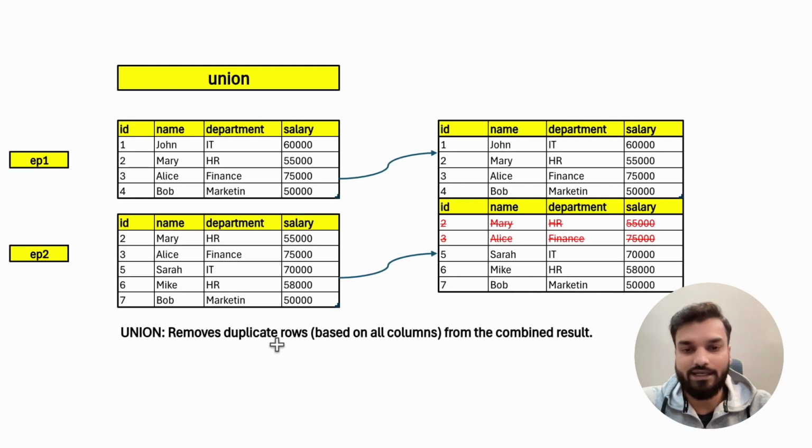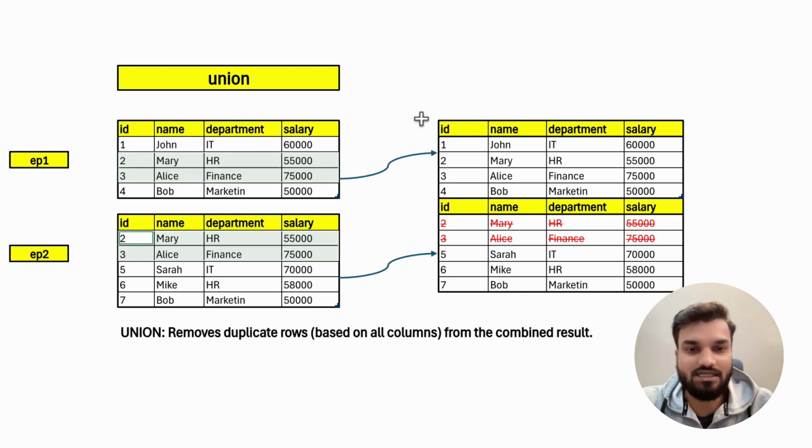It removes duplicate rows based on all columns from the combined result. That means if we have one table EP1 and another table called EP2, and if we look at these, the headers of both tables are the same, and if we apply this union function, what it will do is look into this final combination. If you can see, rows 2 and 3 are duplicated in the other table EP2.